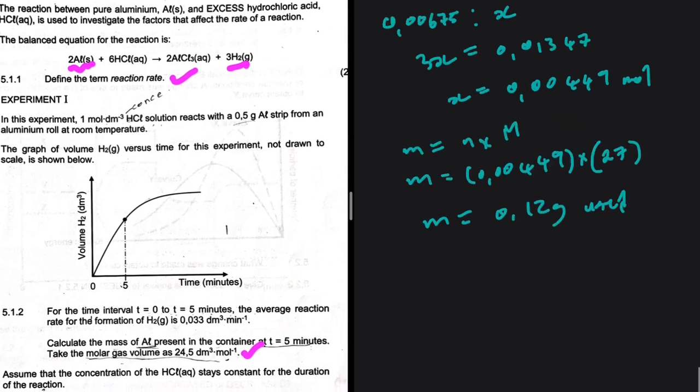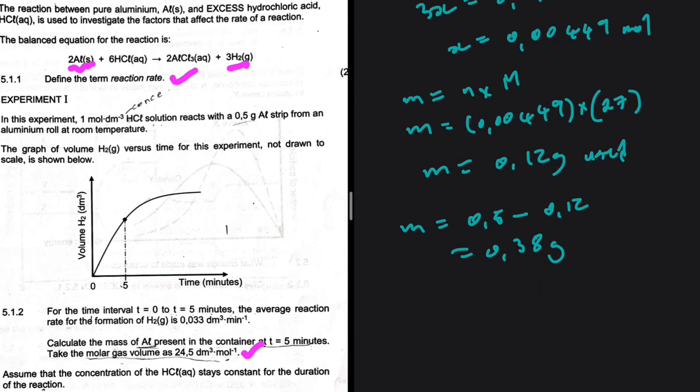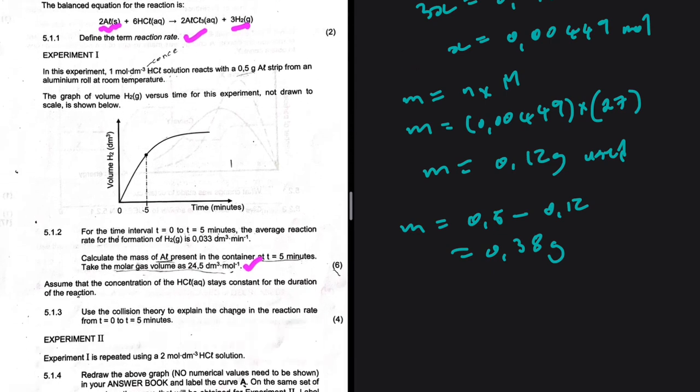They calculate the mass of aluminium present. So the mass present will therefore be the mass you started with, 0.5, minus that which is used, 0.12. So 0.5 minus 0.12, on my calculator I get 0.38 grams. So that must be the mass of aluminium present in the container.